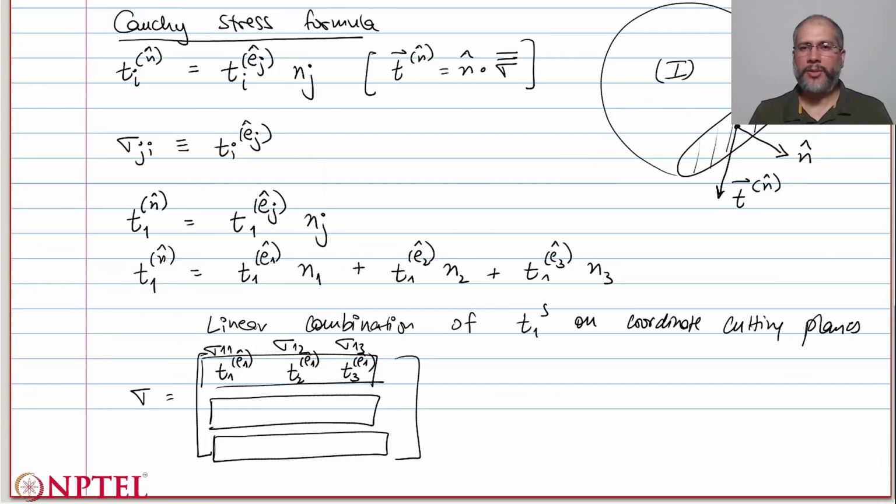Now we've been calling sigma a tensor, but we haven't shown whether this quantity that's containing these 9 components is actually a tensor. So let us now show, using the idea of transformations, that the quantity sigma, which contains these 9 components, which are basically the 3 traction vectors on 3 coordinate cutting planes, is actually a tensorial quantity.